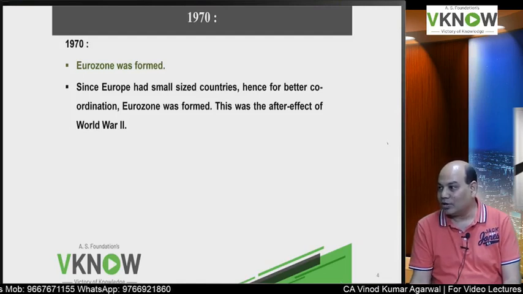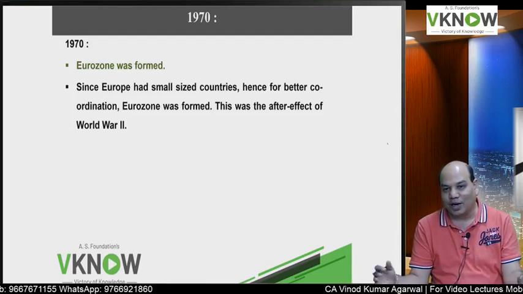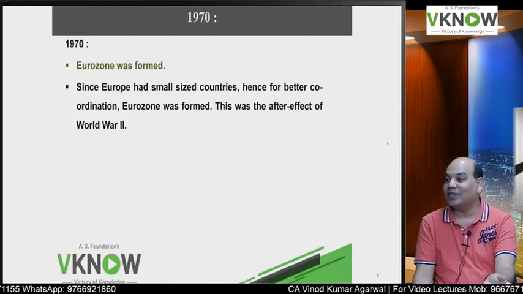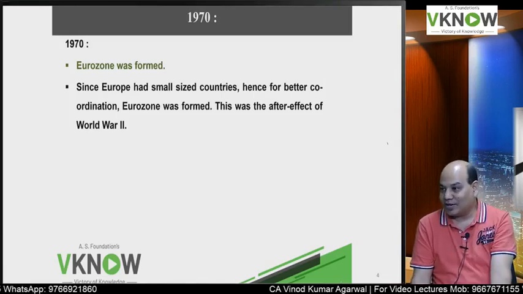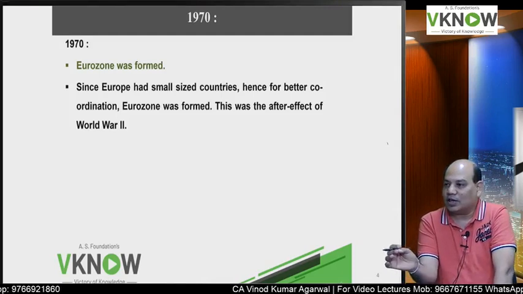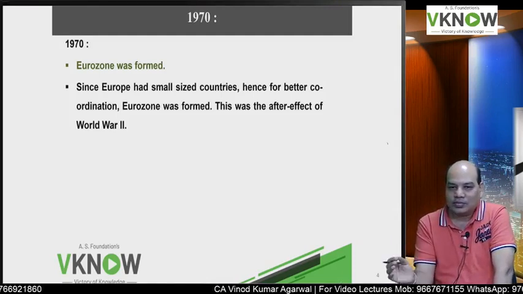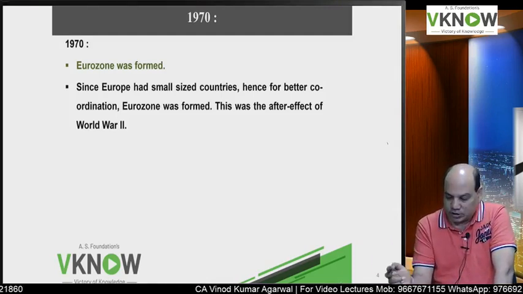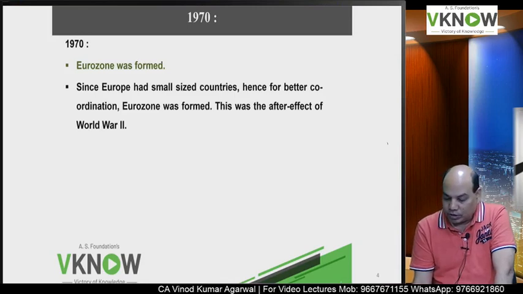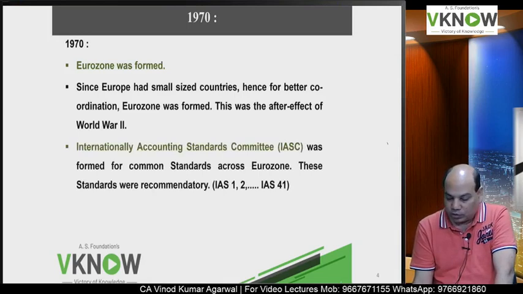In India, a part of a town on a small area may have more population than an entire country. Is it right? So instead of having a separate standard for each small country, they decided to have a common standard. Hence, for better coordination, Eurozone was formed, and this was the after effect of World War II.